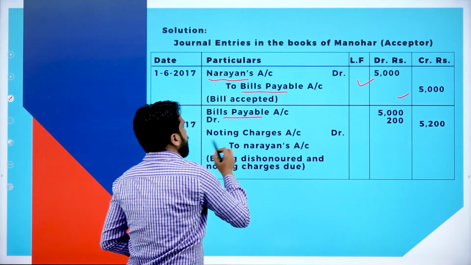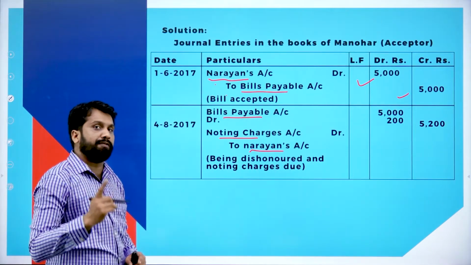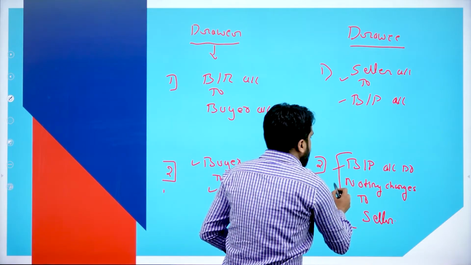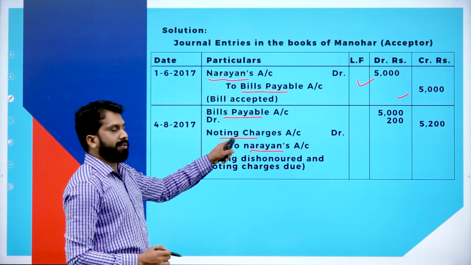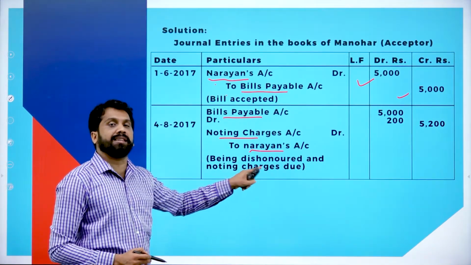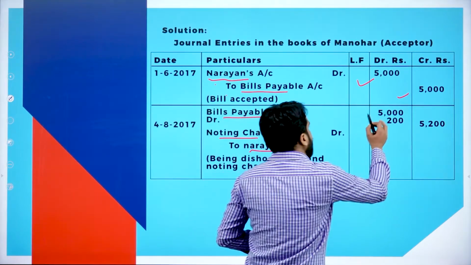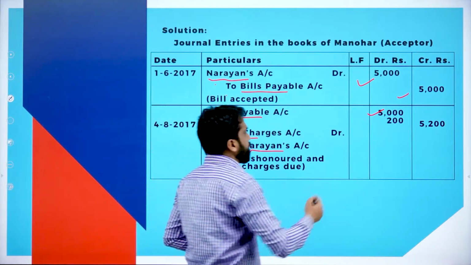Bills payable account and noting charges debit to Narayan account. I'll go back to your format. Bills payable account and noting charges debit to seller. Who is the seller in this problem? Narayan. Now, bills payable is how much? 5,000. What are the noting charges? 200.